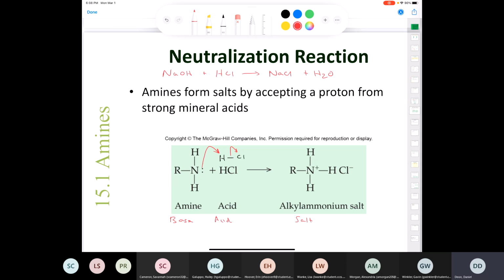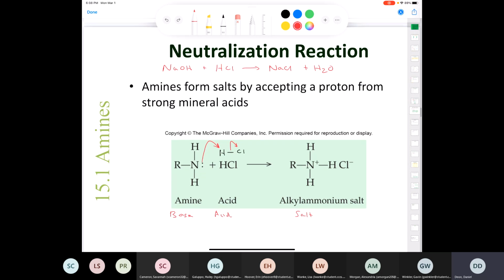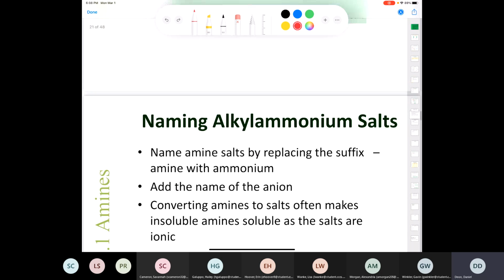And so when you put lemon juice on an amine, which is volatile, which means it can turn into a gas, and that's why you smell it. If you put an acid on it, it makes a salt, which is not volatile, which doesn't boil, which doesn't turn into a gas. And so it eliminates the odor of rotting fish. So that's one of the ways that people mitigated the odor of fish that would decompose over time.